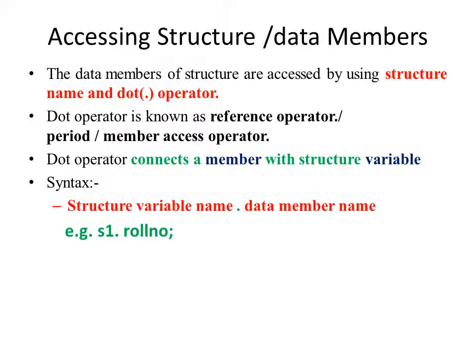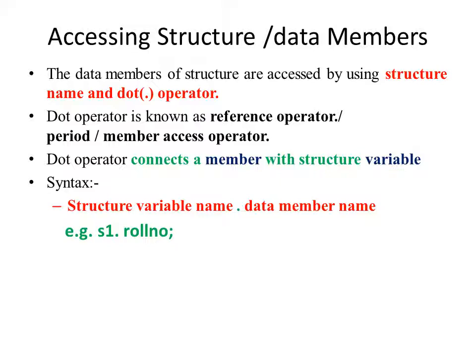So for example, what is the syntax we use for accessing the structure? First of all, you have to write the structure variable name, then use the dot operator, followed by a data member name. In a previous example we know that s1 is the structure variable, so I will access the data member roll number with the help of the structure variable as s1 dot roll number.